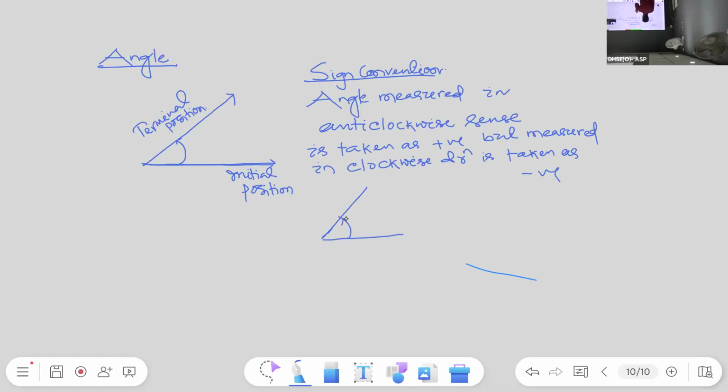This is anti-clockwise sense: theta is positive, or angle is positive. This is your clockwise sense: theta is negative. Angle measured in anti-clockwise sense is taken as positive, but measured in clockwise sense is taken as negative.